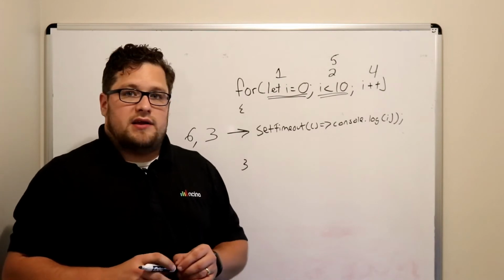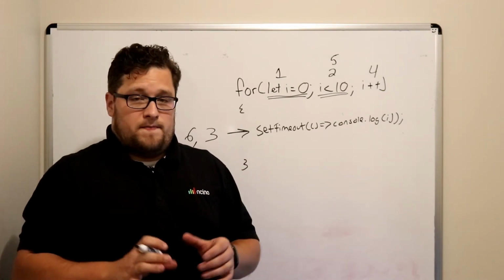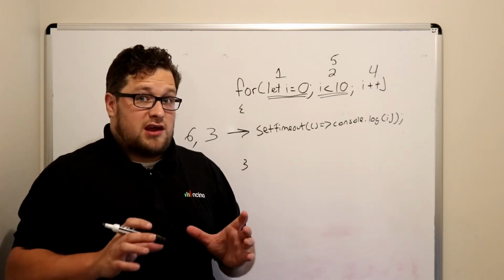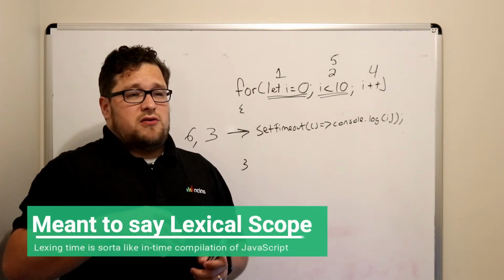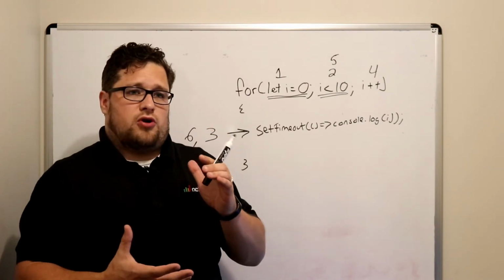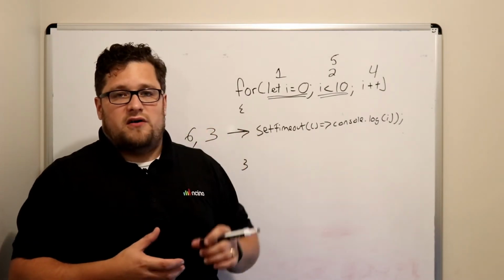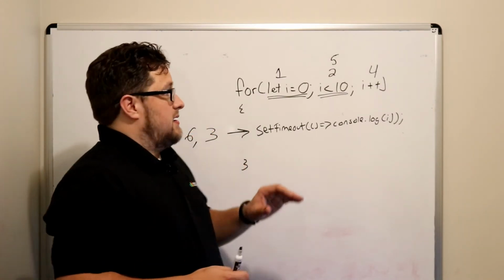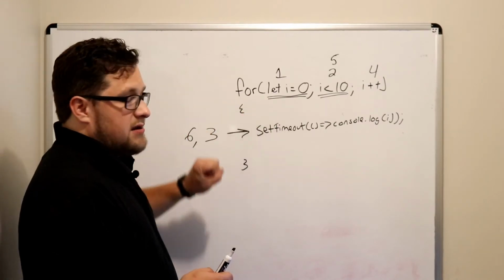And if you think about it, it's called Lexical Scope. And JavaScript has something called lexing time. And lexing time really is, you can think about it, an author-defined scope or life of some variable or object that you've created. And let tightens that up.